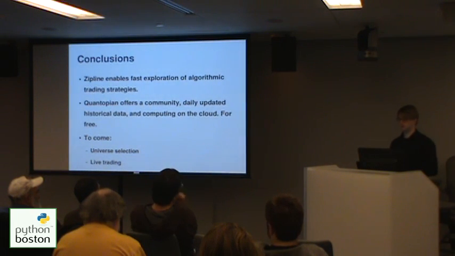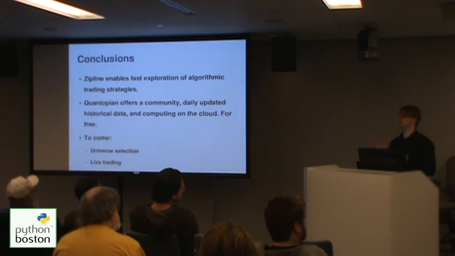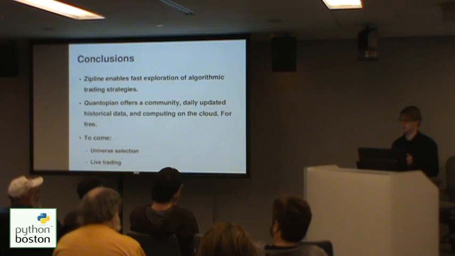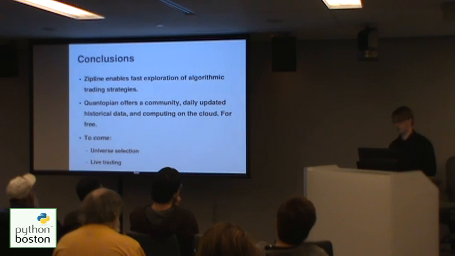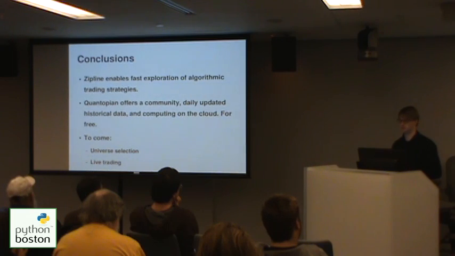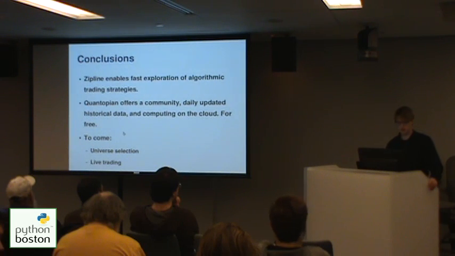We give you historical data that we update daily, so you can always test your strategy on the last day. And we also provide the whole infrastructure to actually run those. We do all that free of charge, so you're more than welcome to check it out and create an account or just be anonymous.